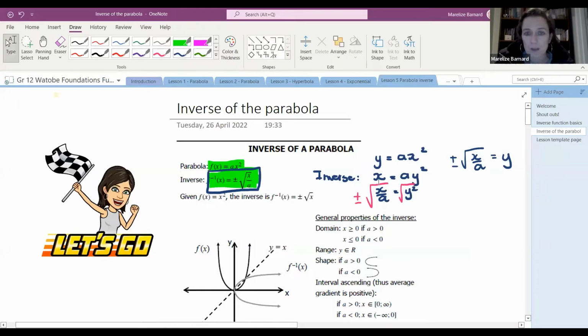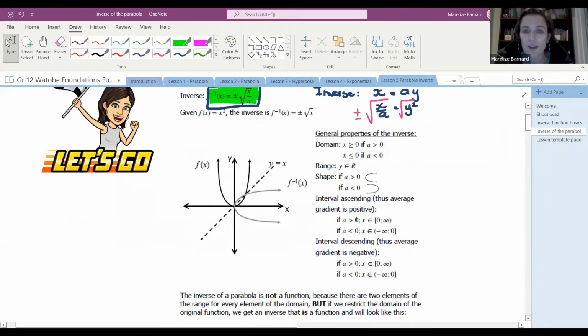Okay, right. So when we look at the shape of the inverse is important to know. If a is greater than 0, then our parabola takes the shape. Remember when we did the parabola, we always had a smiley face parabola if a was greater than 0.